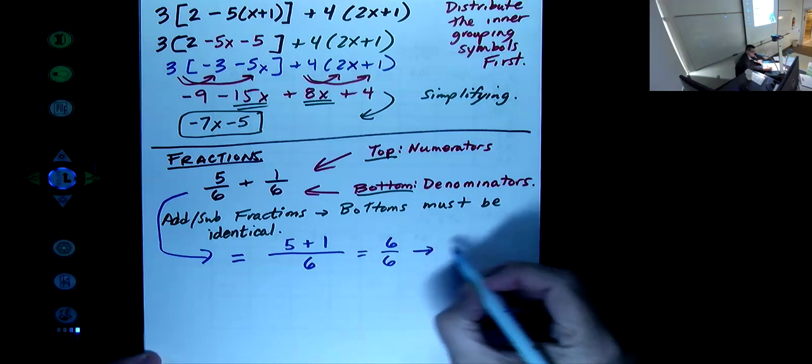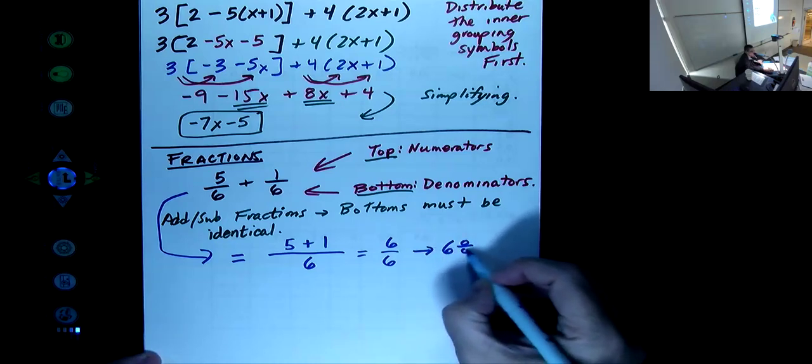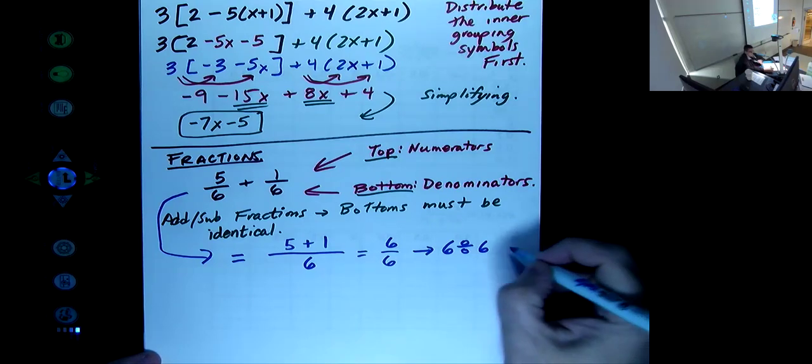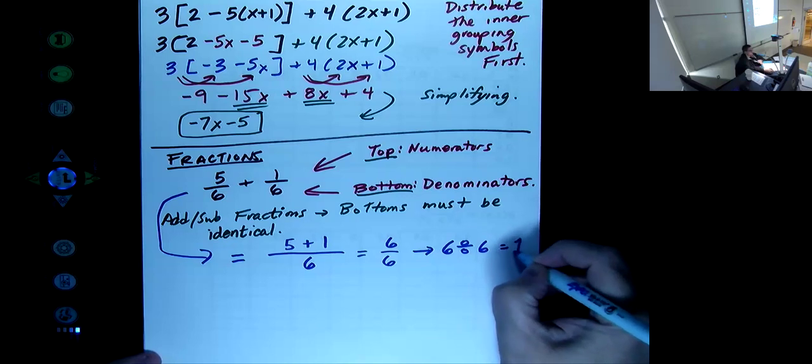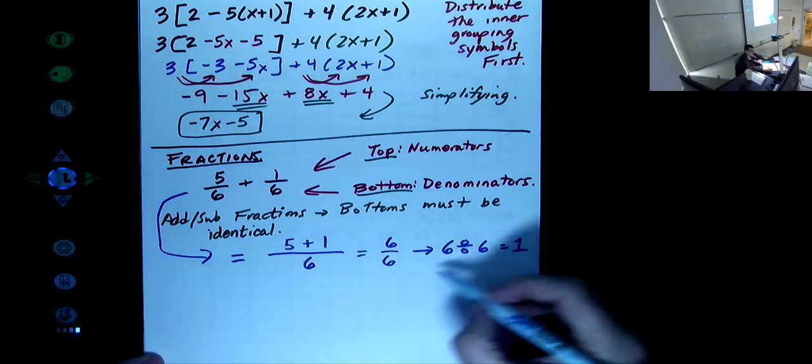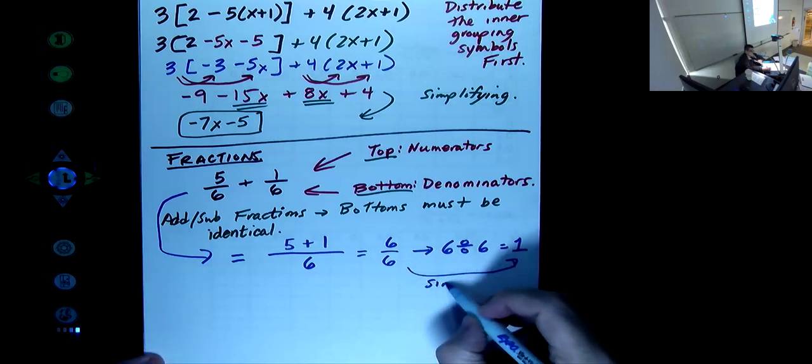This is equivalent to 6 divided by 6. So fractions mean division. And 6 divided by 6 is 1. Going from here to here is called simplifying as well.